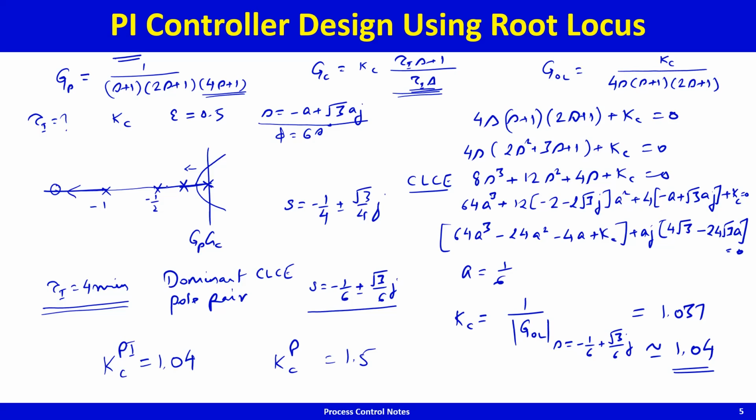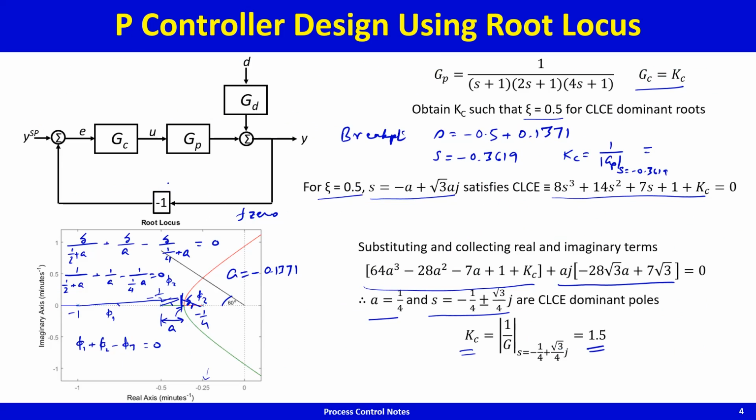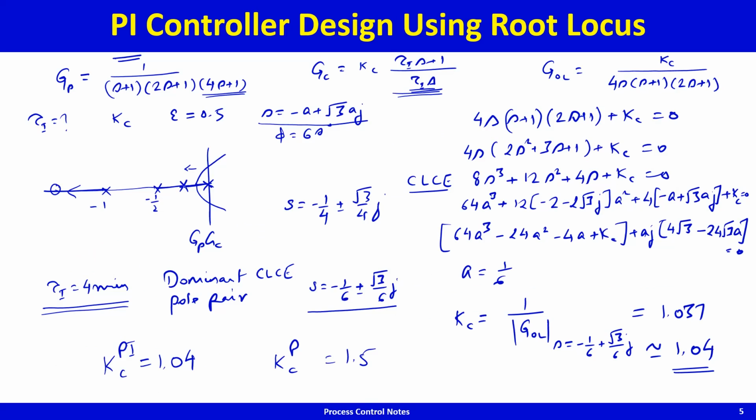Earlier the breakpoint was, I don't remember what it was, maybe it was 0.3619. With a P controller the breakpoint was -0.3619. Now it will be between -0.25 and 0. It will be somewhere here. So the breakpoint will be more towards the right half plane, and your system will go unstable quicker at a lower gain.